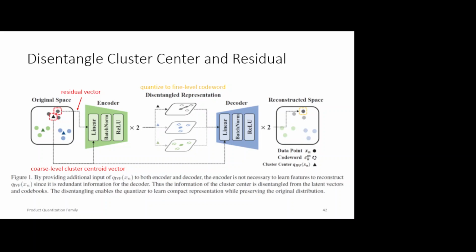So the decoder is a similar module to the encoder, repeated twice, and we reconstruct it into here. Then we compare the distance between the reconstruction and the original one. So basically, it's also an auto-encoder, but they apply it to separate the vector into two: one is the cluster centroid vector, and the other is the residual vector.